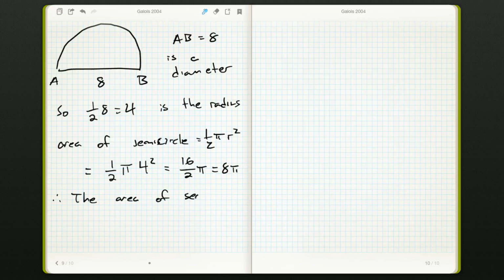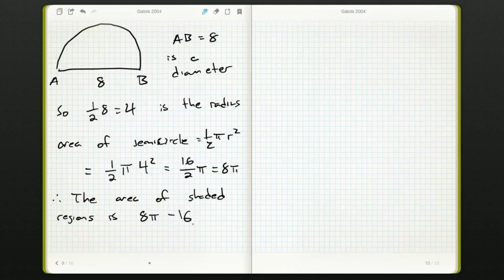The area of the semicircle, not the area of the semicircle, the area of the shaded regions, is 8 pi minus 16.